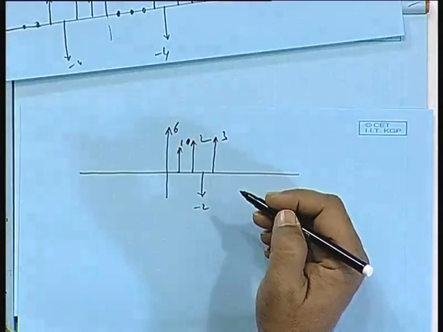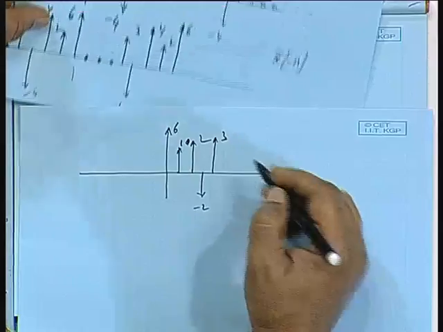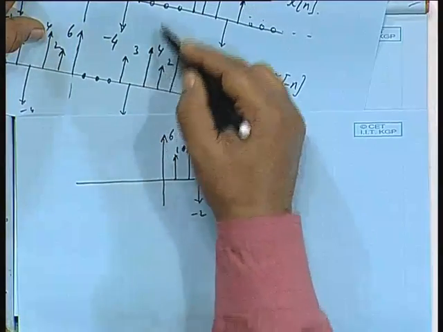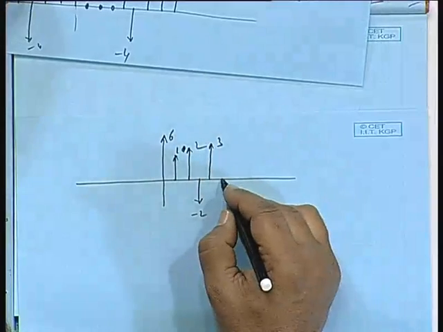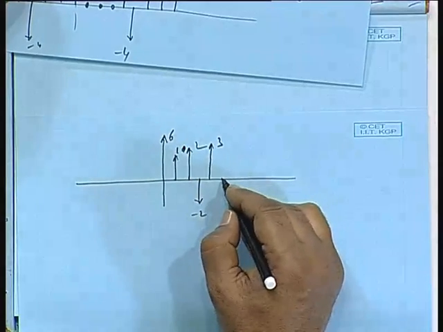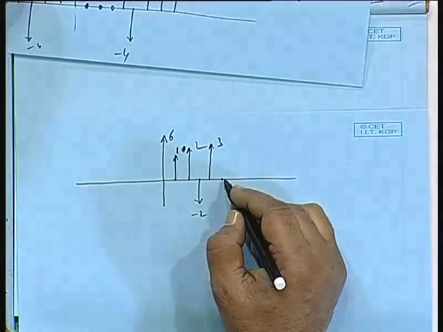Then on this side 4 plus 0 by 2, 2 plus 0 by 2. So, this side again it will be symmetric.